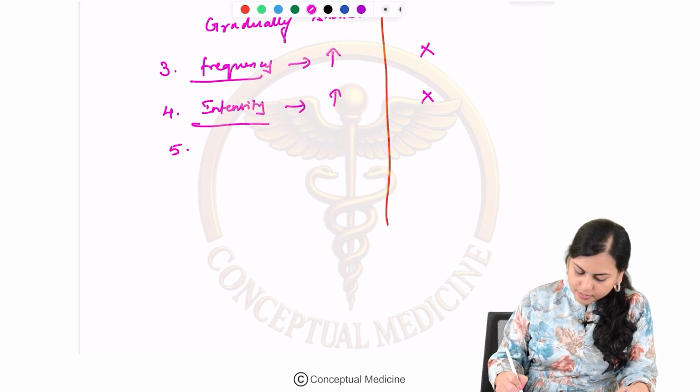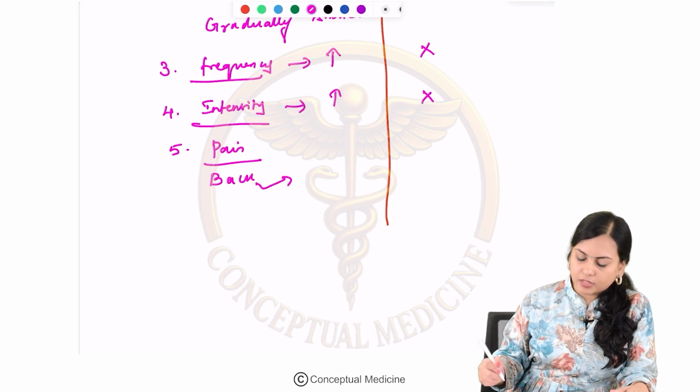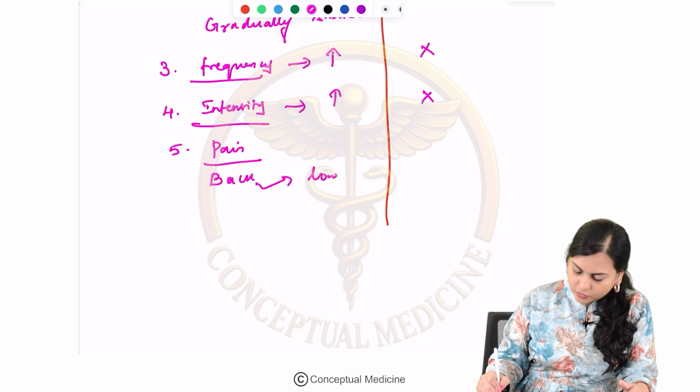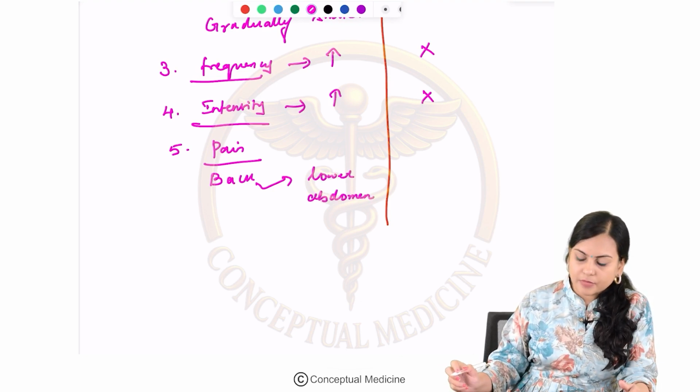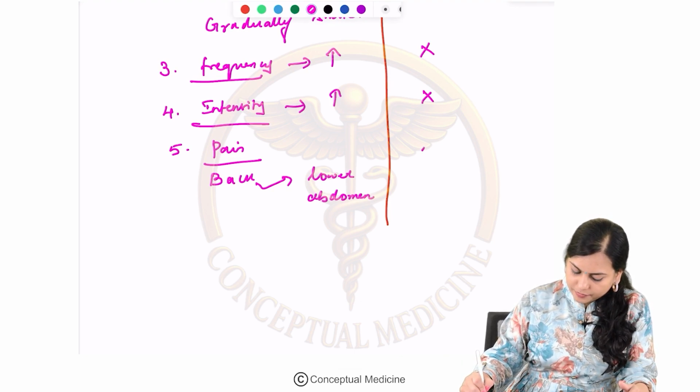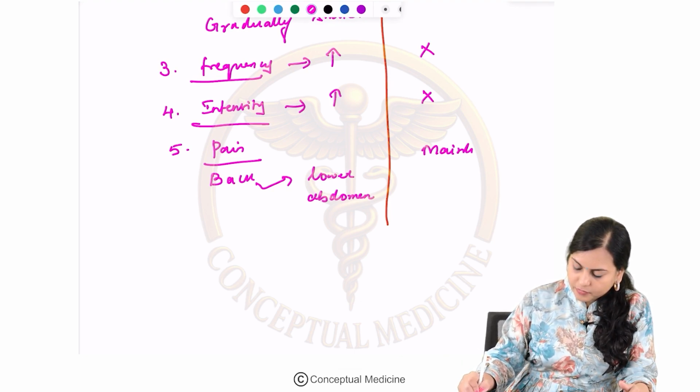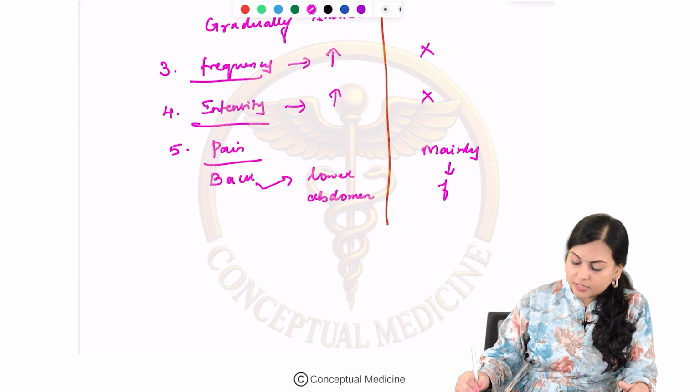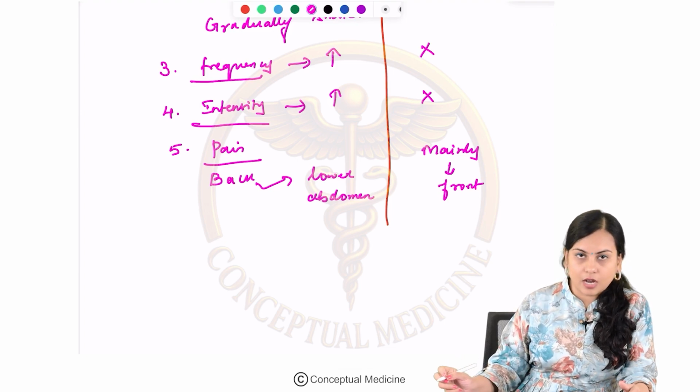In true labor pains, the pain usually starts at the back of the woman and proceeds towards the lower abdomen, whereas in false labor the pain is mainly felt in the front of the abdomen.